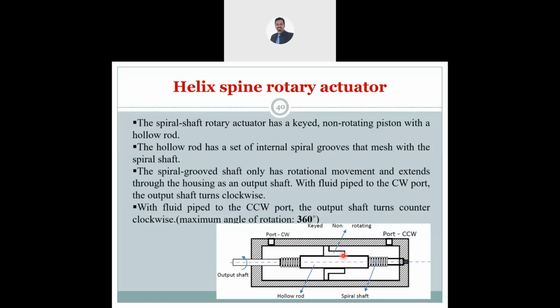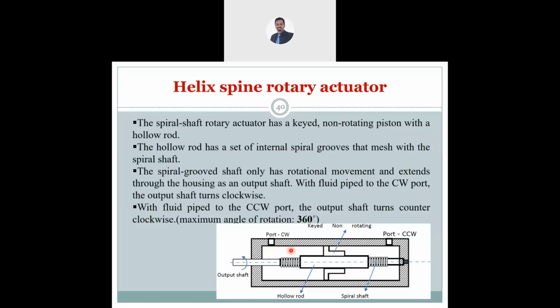So let's say you want to move the output counterclockwise, so you supply air here. When you supply air here, this thing will move. So the air will start to push this, and it will move to your left.